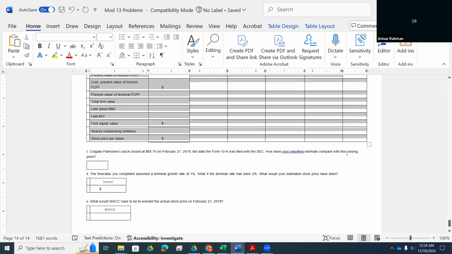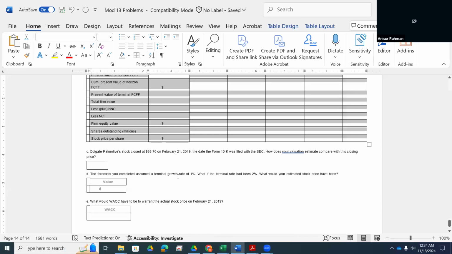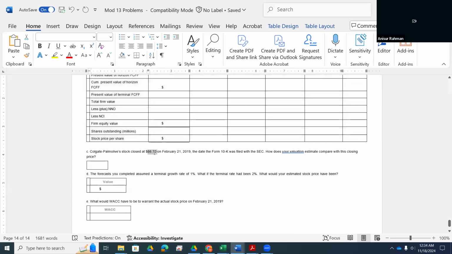How does your valuation estimate compare with this closing price? This is the closing price, and our estimated price is 64. So which is lower than this. So it will be lower.